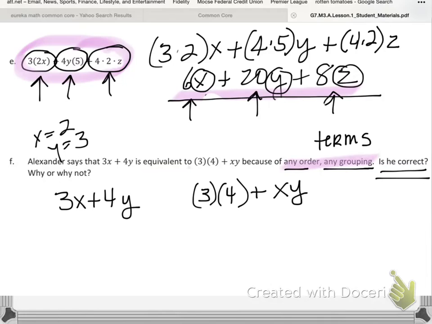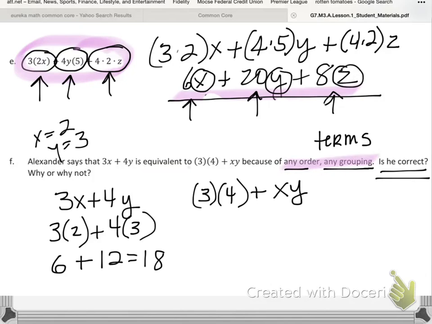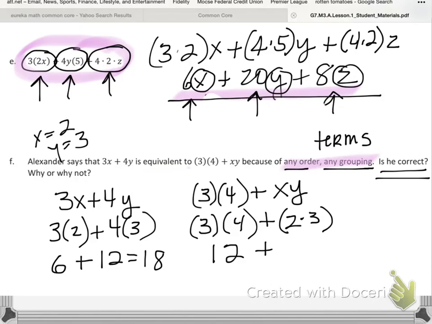If we plug in, 3 times 2 plus 4 times 3 is 6 plus 12, which equals 18. And then we do the same here: 3 times 4 plus 2 times 3, which is 12 plus 6, equals 18.